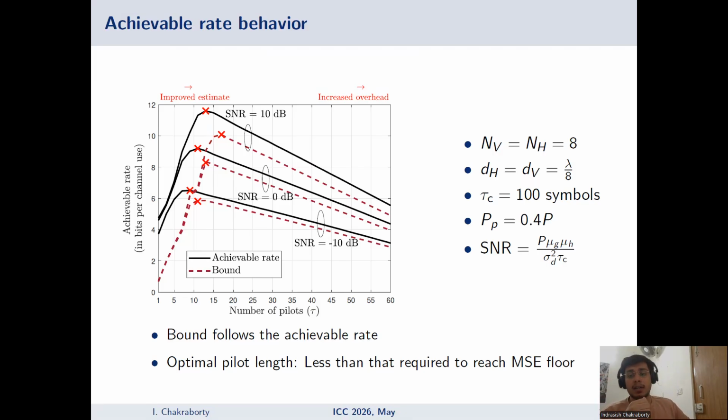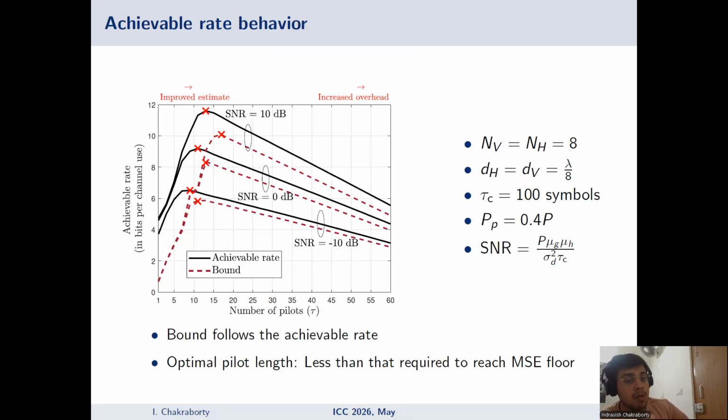After a certain point, your training overhead becomes dominant and pulls you down. So it first increases, reaches a peak, and then decreases. The point where it reaches a peak is the number of pilots you should send in order to have maximum rate. And those points are marked here with these crosses, which is basically the optimum.